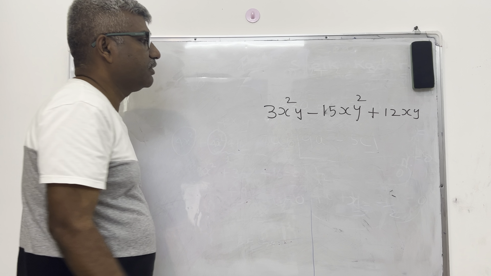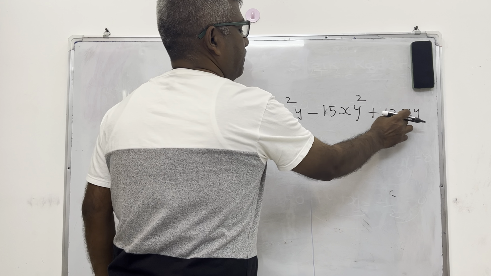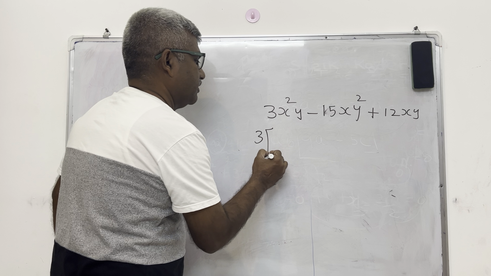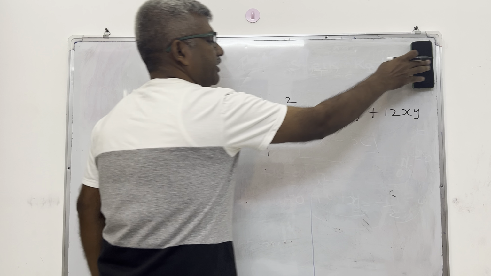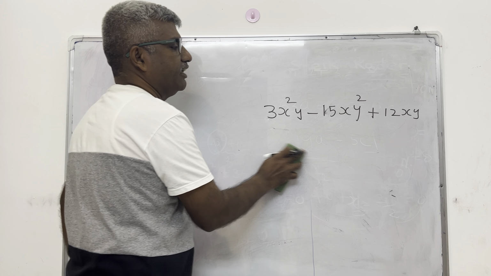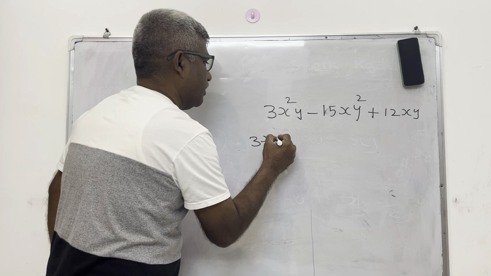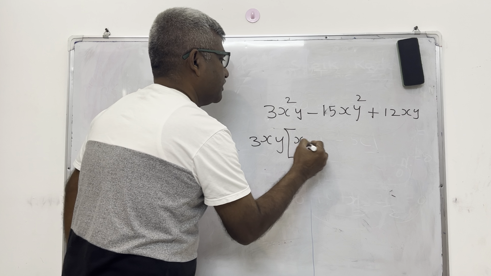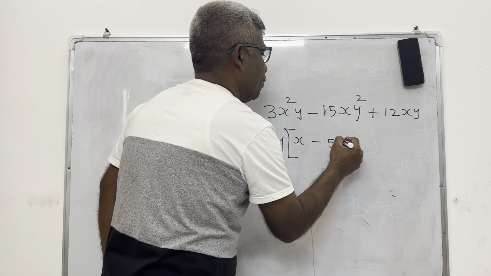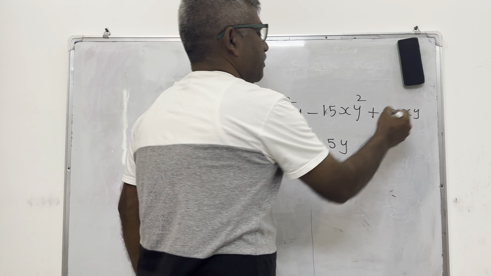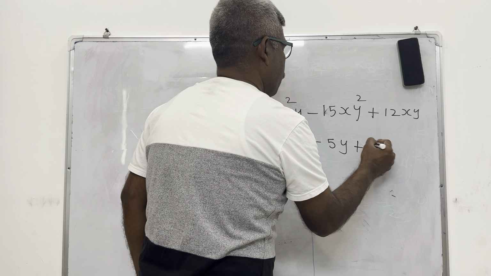Here what is common? 3, 15, 12. 3 is common. And then xy is common. xy in everywhere it is there. So 3xy take out, 3x minus 5y, right? Then plus 4.